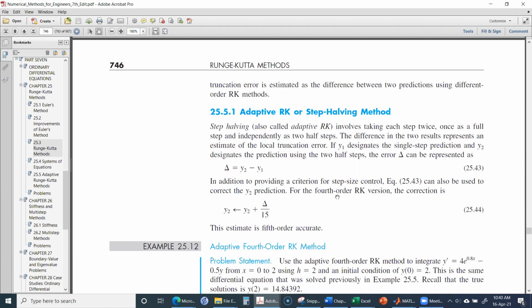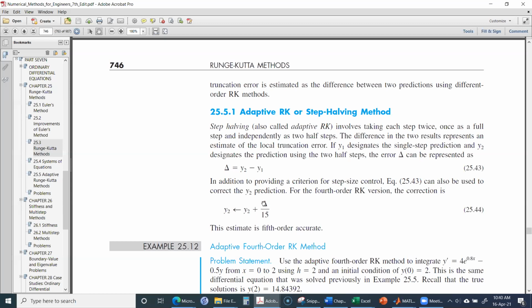For the fourth order Runge-Kutta version, the correction is given by delta over 15. That means we find the error, divide that error by 15, and add it to the value of y2, for the correction of the y2 prediction.